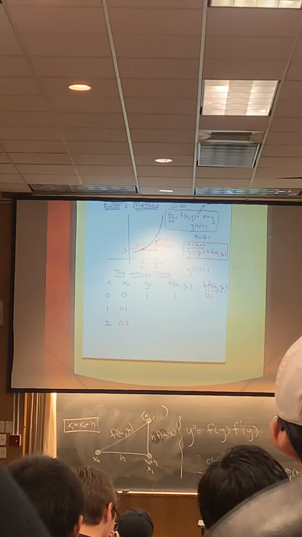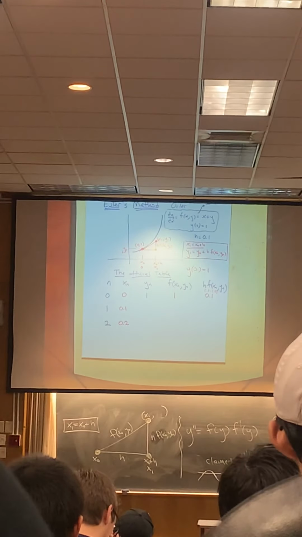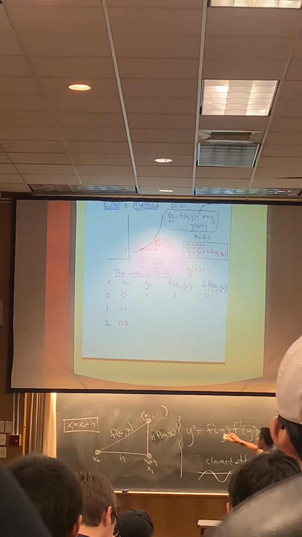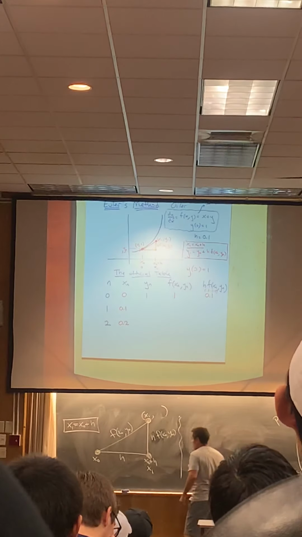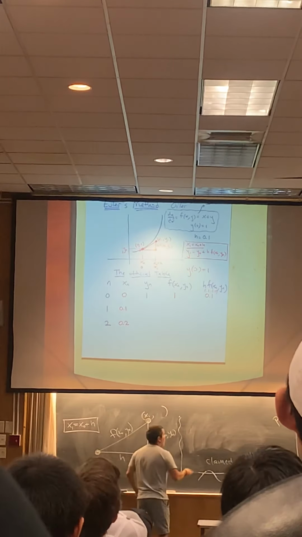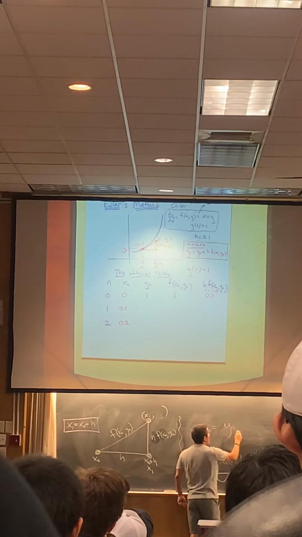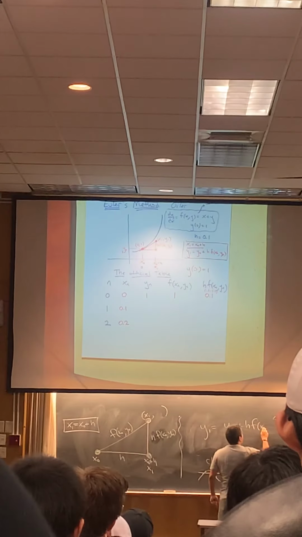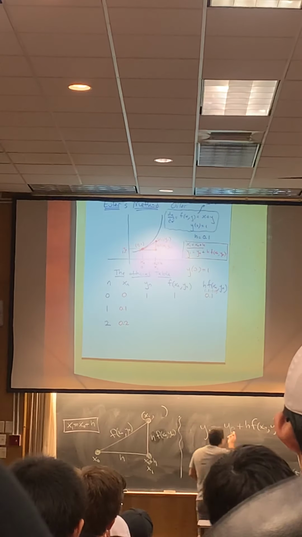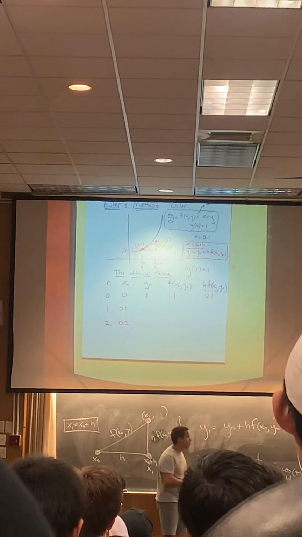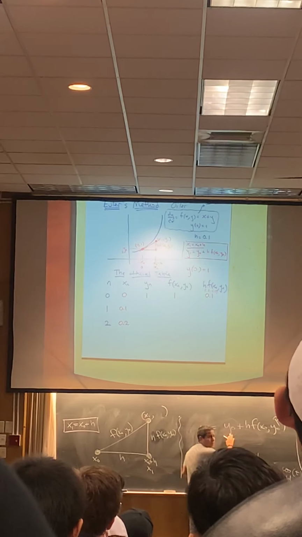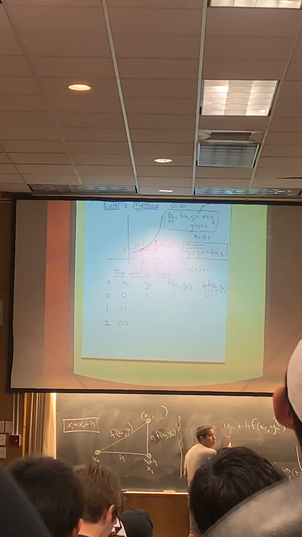Then I'm trying to get myself y1. And you know how to get y1. By looking at the formula, y1 was y naught plus h f of x naught, y naught. And I have those on the table. This guy is 1.